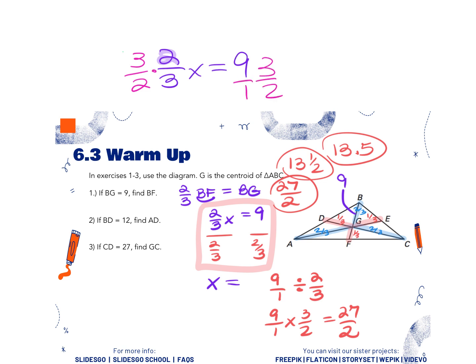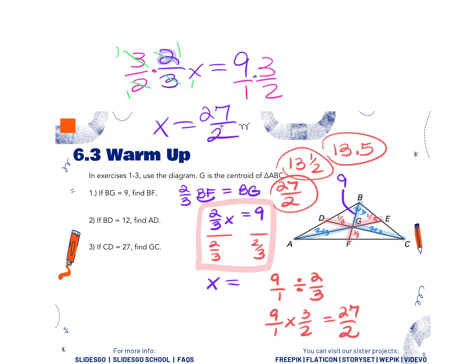Because then this simplifies, these all become 1s, and I'm just left with X, and then I'm just multiplying this side: 9 times 3, 2 times 1. You can show the work either way.